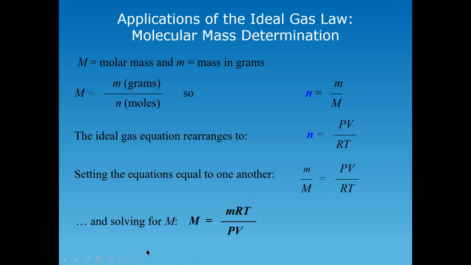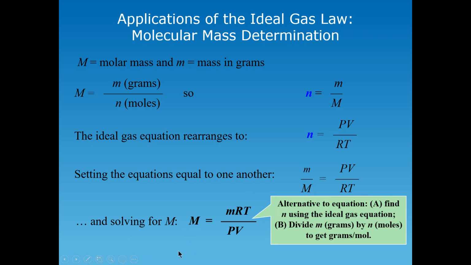When you solve for uppercase M, it will be equal to the mass in grams times R, the molar gas constant, times the temperature in Kelvin, divided by the pressure in atmospheres multiplied by the volume in liters, right? So that's basically how we can determine the molar mass of a gas if we have all these terms.